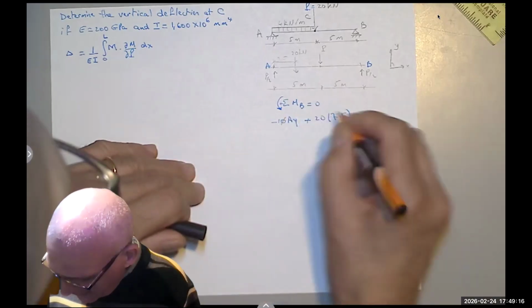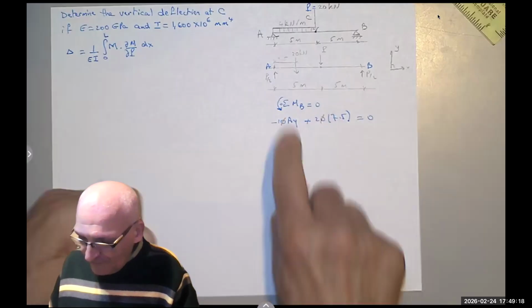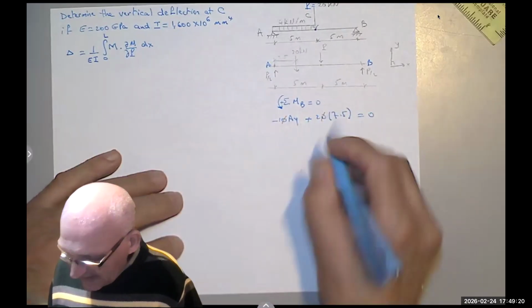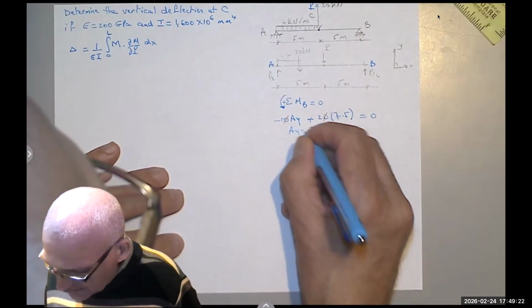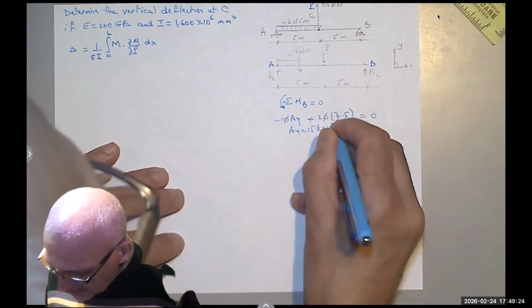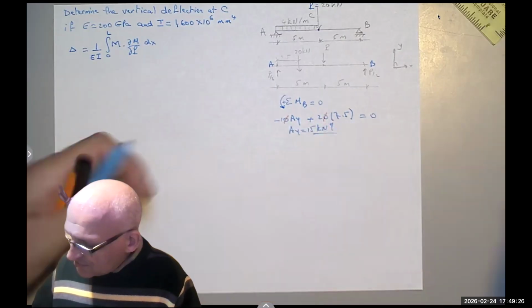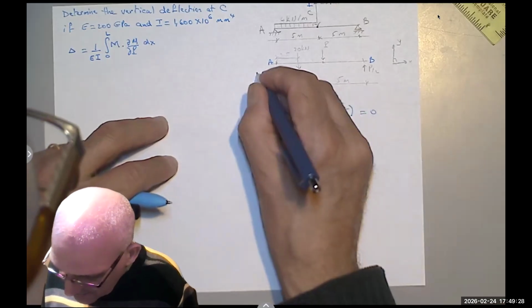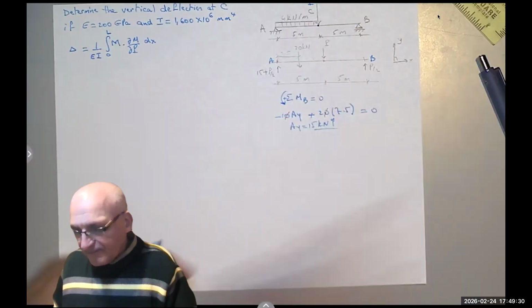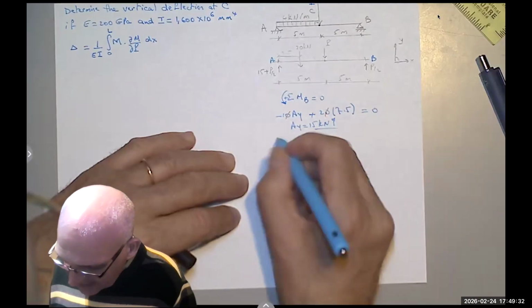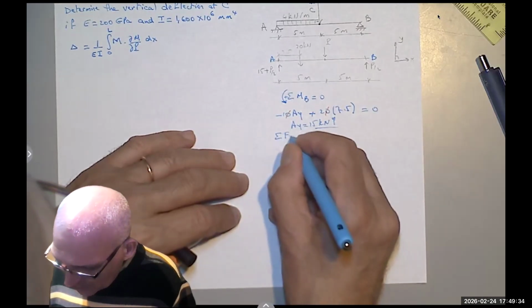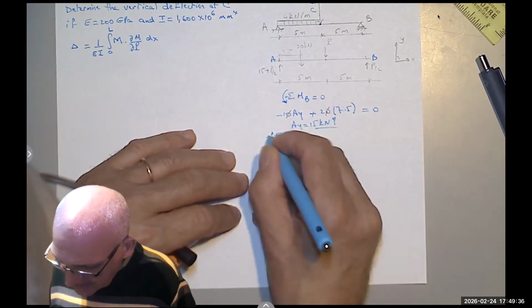Okay, I divide by 10, move AY to the other side. 2 times 7.5 is 15. So AY equals 15 kilonewton, positive meaning going up. So I'm going to say here 15 plus. When I go to the right-hand side, I can say sum of the forces in the Y equals 0, up is positive.